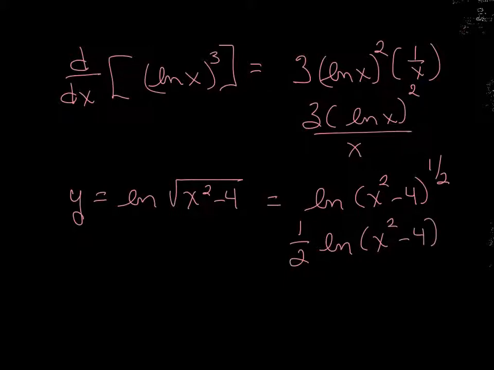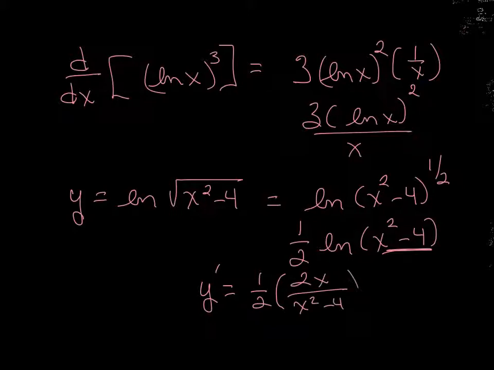We just kind of expanded that. And now if we want to take the derivative, y prime is going to be 1/2 times the derivative of u over u, and the 2's will cancel. And our derivative is x over x squared minus 4. So very easy to do once you rewrite that using the properties of the natural log.